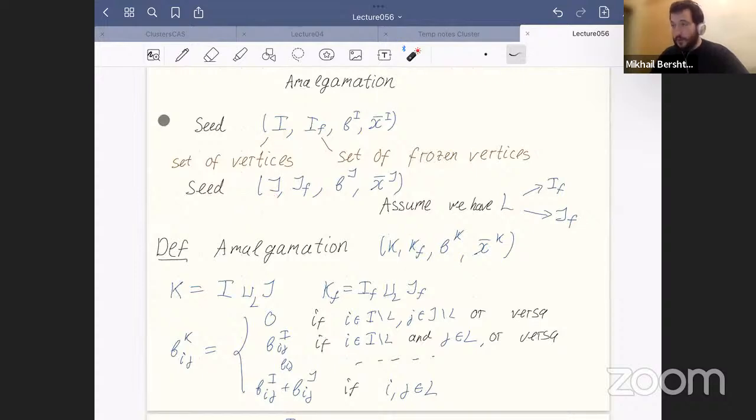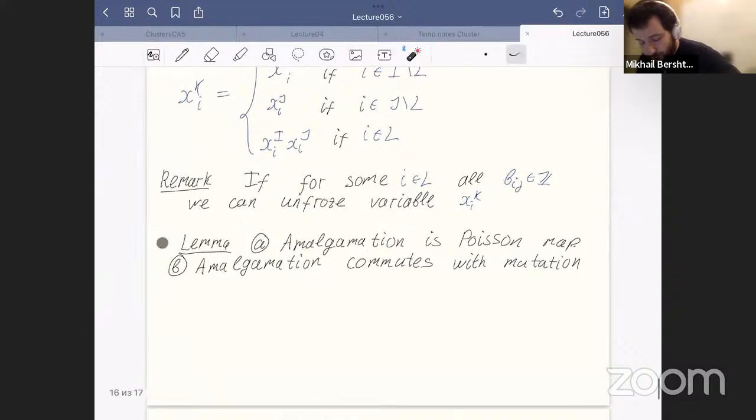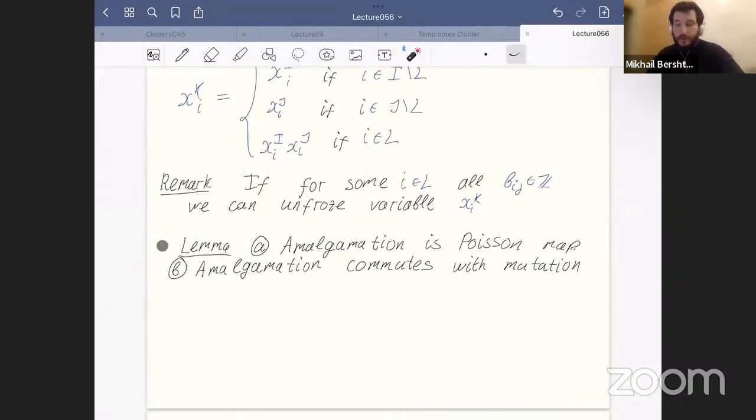But if we mutate on some unfrozen variable and then glue, it is the same as if we first glue and then mutate on the image of this unfrozen variable. So amalgamation is a cluster map.